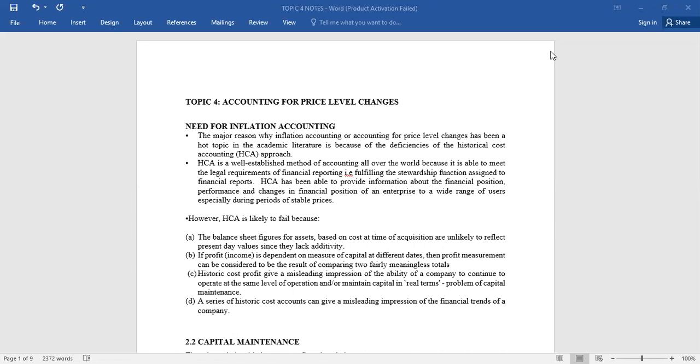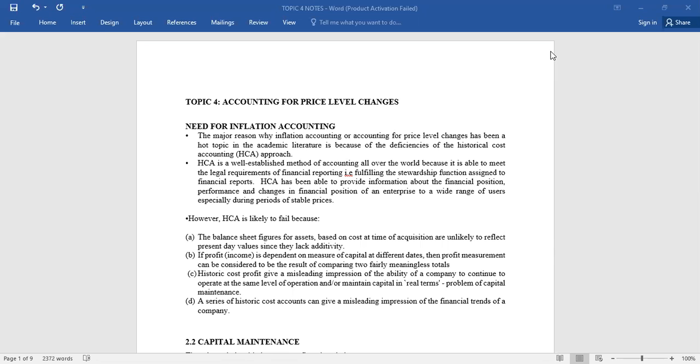The first one is where the balance sheet figures for assets are based on the cost at the time of acquisition. They are unlikely to reflect present day values because they lack what we call additivity. When you are talking of the balance sheet, which includes a conglomerate of costs incurred on different dates, it will not enable the users to realistically predict future cash flows related to those assets.